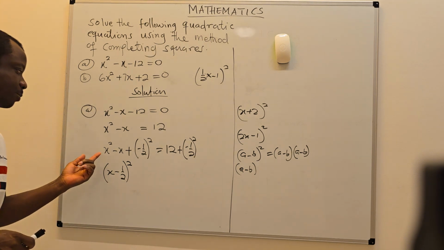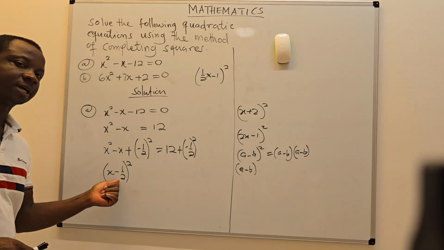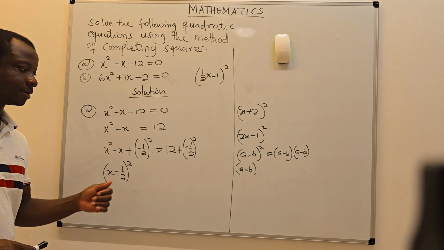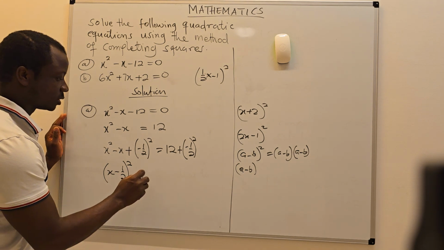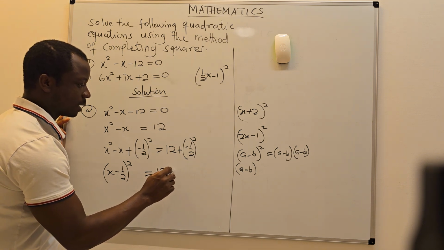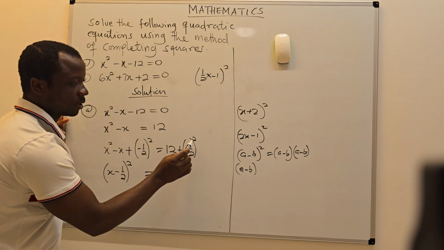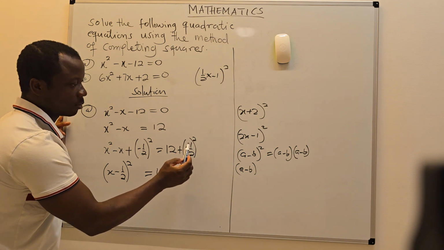So if you simplify this whole expression here, you are going to get this. Now we can proceed to our right side, which is 12, and then plus. Now we can simplify the right side. So we are going to use the square to simplify the one we have in the bracket.